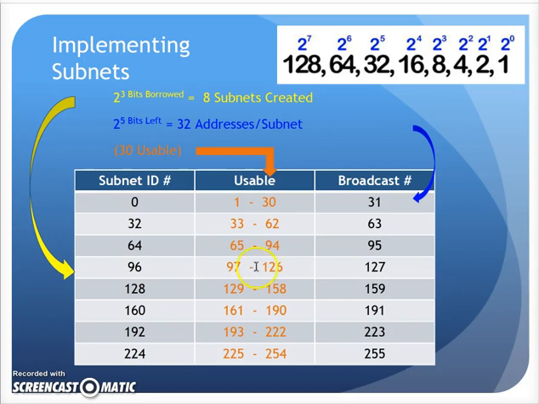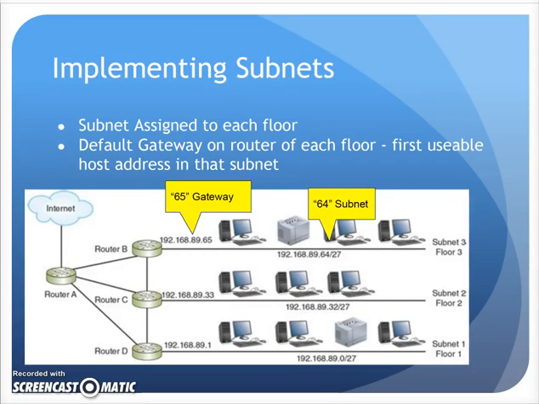Now that I have that, I can actually start using these numbers to apply to my network. The book gave us an example like so, and they have a part filled in for us. Now that we've subnetted our Class C, we can see they're taking the 0 subnet here, the 32 subnet here, and the 64 subnet here. They're saying, okay, this is like Main Street, Maple Street, Oak Street.